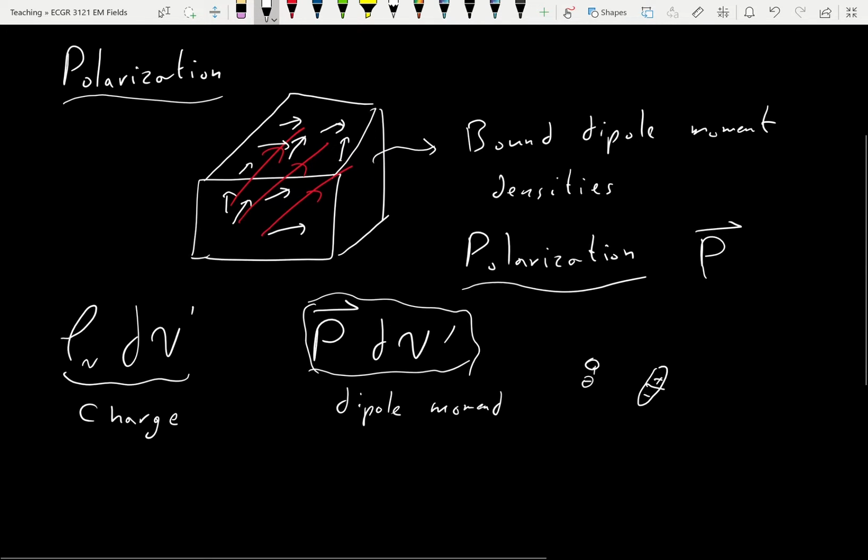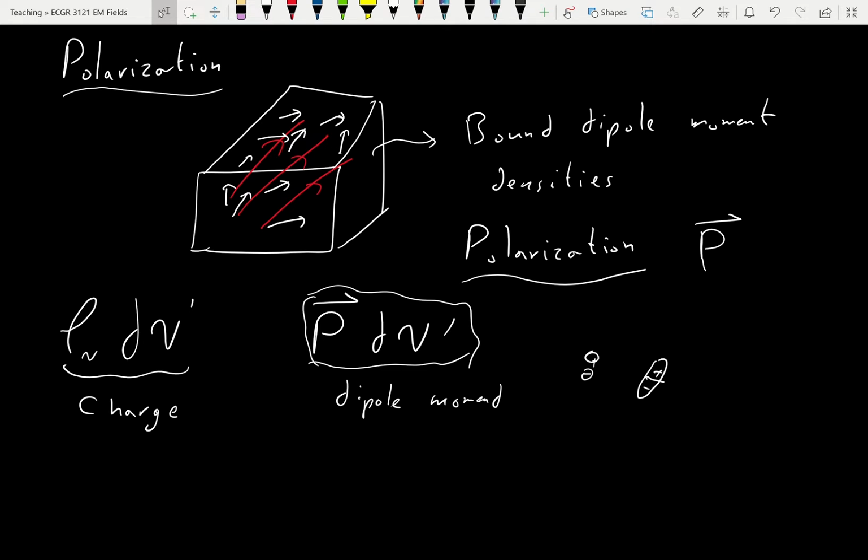Okay, so the idea is that within the material, the electric field will cause those small dipole moments that are distributed everywhere, which are bound charges. Those are bound charges. They cannot move. They are like tied to the fabric of the medium.